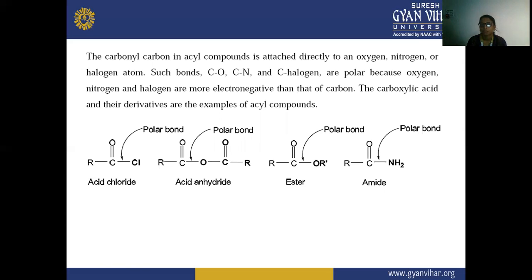So here the carbonyl carbon in an acyl compound is attached directly to an oxygen. This is the carbonyl carbon which is directly attached to a halogen atom, oxygen atom, or nitrogen atom.